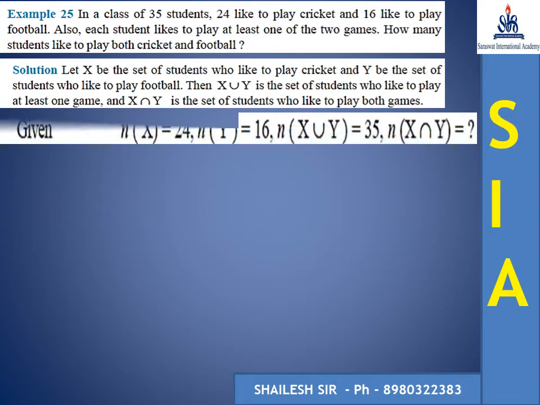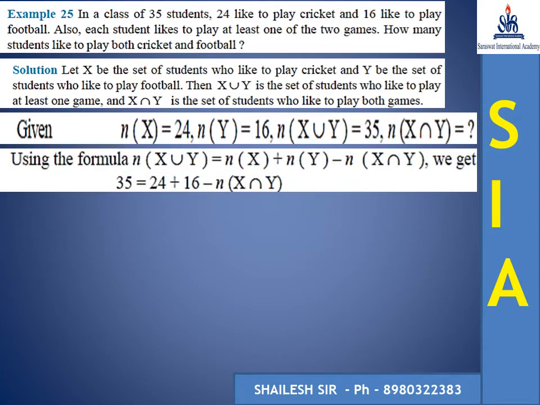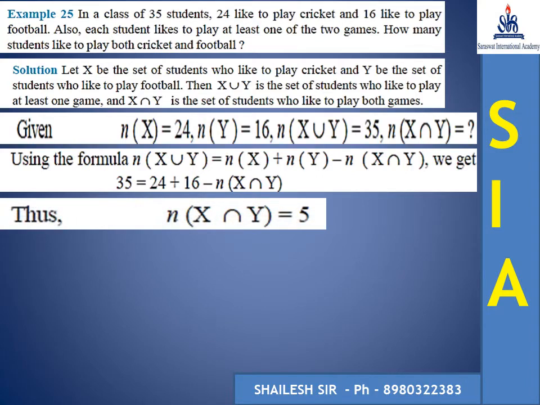So very easy. n of x is cricket, n of y is football, the union is given as 35, and my target is x intersection y. Using our basic formula, n of x union y equals n of x plus n of y minus n of x intersection y. Putting in values and calculating, x intersection y is equal to 5.